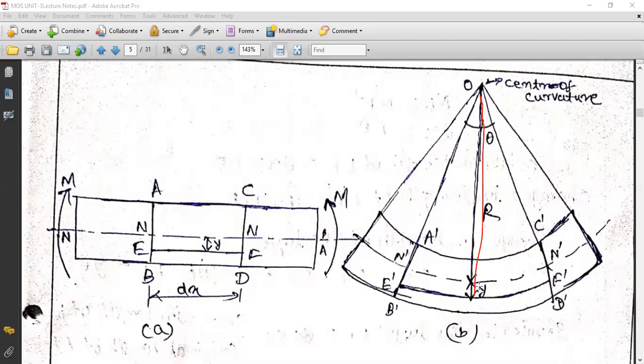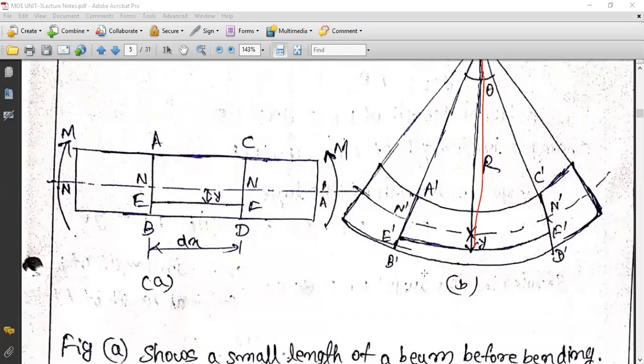Y is the distance of the EF layer from the neutral axis, and we apply the moment. Here the moment is in a clockwise direction, and here the moment is in an anti-clockwise direction.